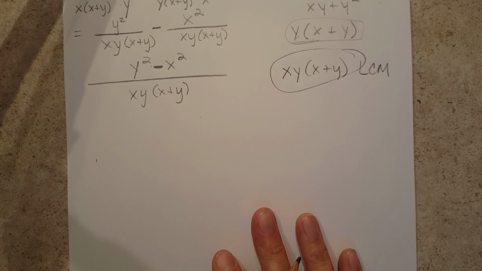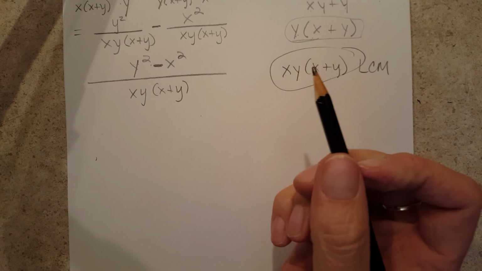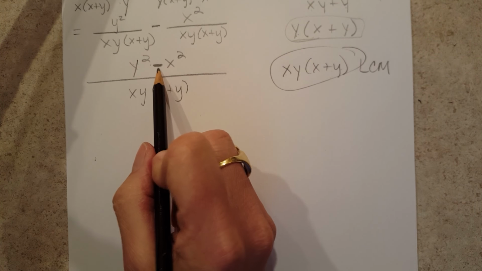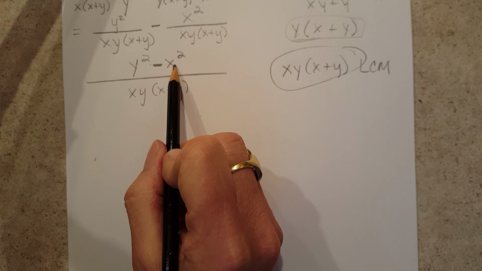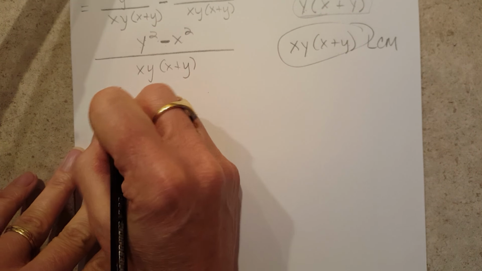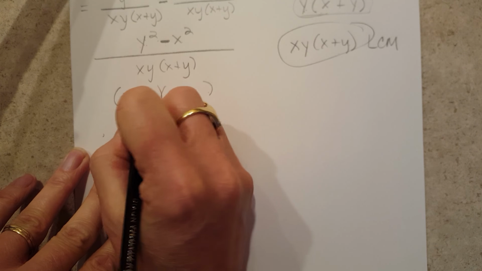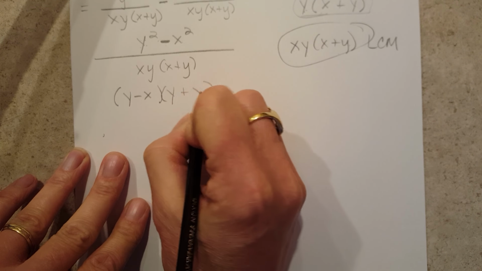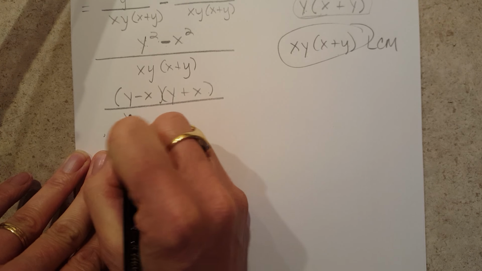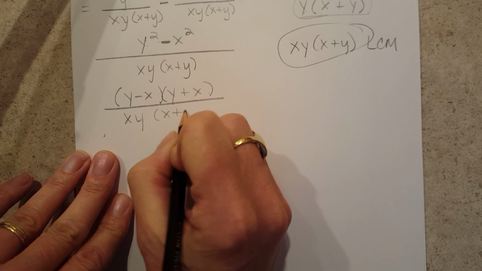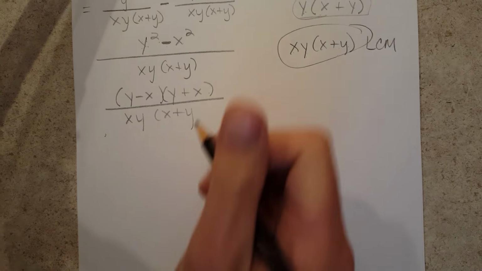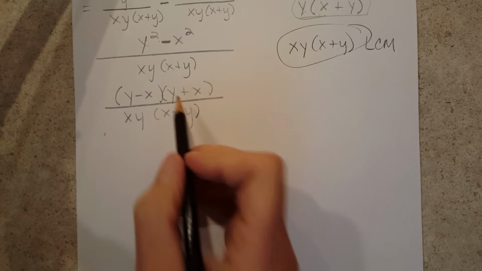Okay, and if you're careful and look at this, you will see that this is a difference of squares. So this is what I was hoping was going to happen in the last one. Difference of squares, remember, is just y minus x, y plus x, right? And the bottom is this. And now you can see what happened, right?